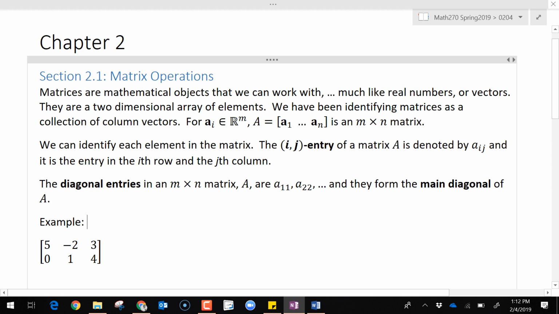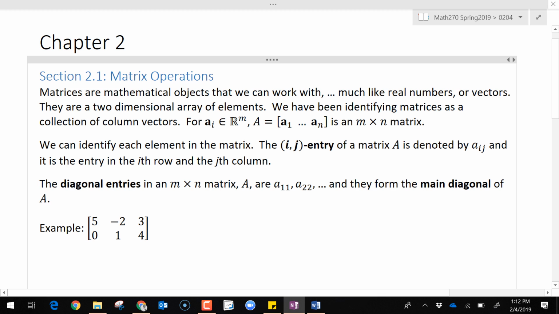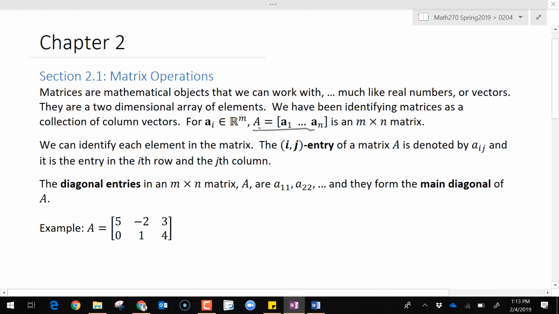So let's use this as our example, and let's see if we can identify the different ideas that they're bringing up here. Let's call this matrix A. We can represent A as a collection of column vectors, right? Maybe I should just type.